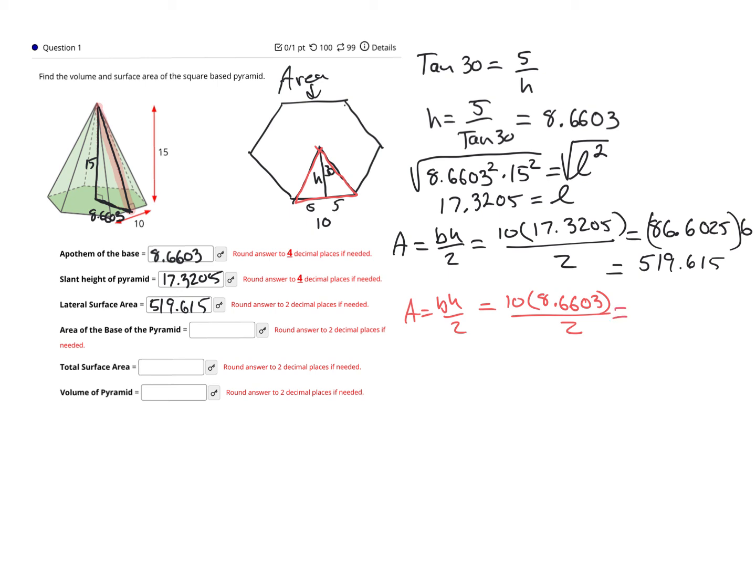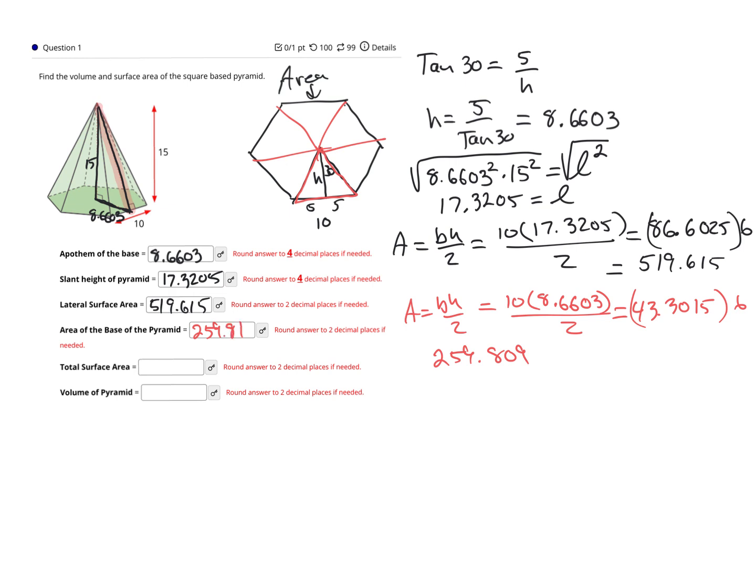When you put that in your calculator, you're going to end up with 43.3015. Again, there's 6 of those triangles that make up the base, so I need to multiply this by 6. When I do that, I end up with 259.809. So that's going to be the area of the base, 259.81.